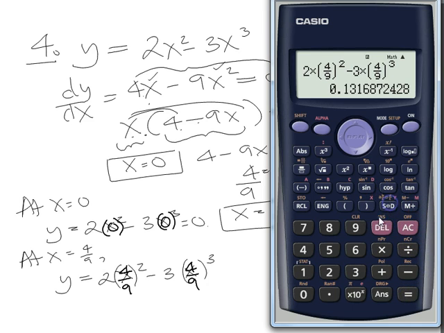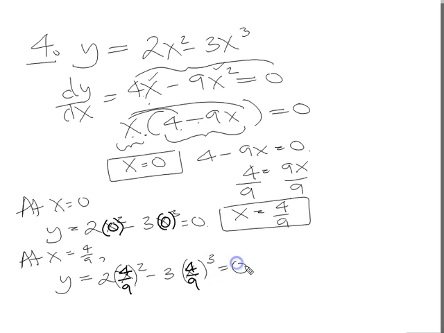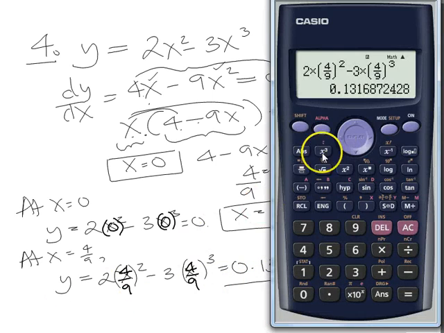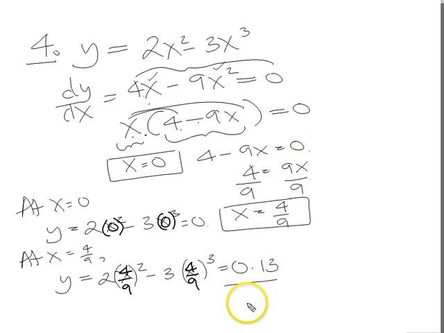Let's go for the decimal. 0.13. So it's positive, so y equals 0.13. Agreed? Let's just double check that, make sure we haven't made a mistake. Everything seems okay. Good. Right, so there's our inputs and outputs then.